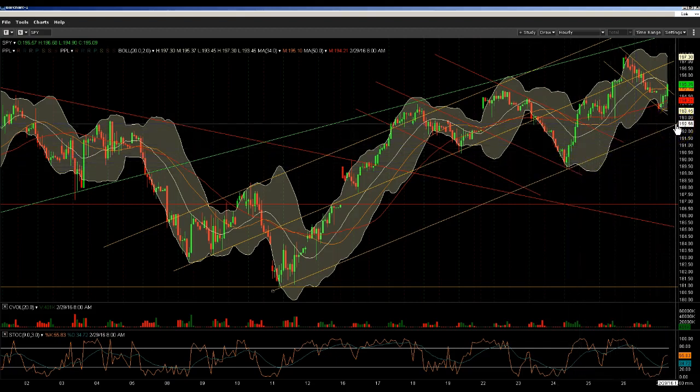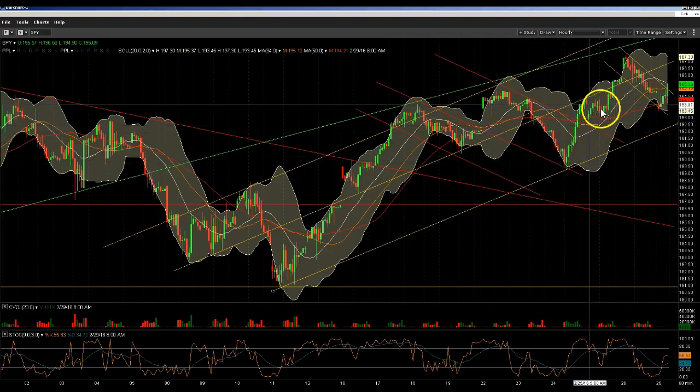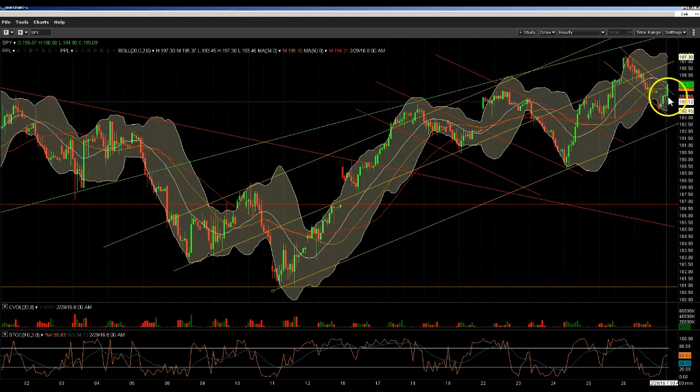That's around 192.56. If we break this level here, let's say between 192.70 and 192.40, give or take, there's always some room, plus minus, then at that point this pattern, which is right now showing trending up, gets broken.